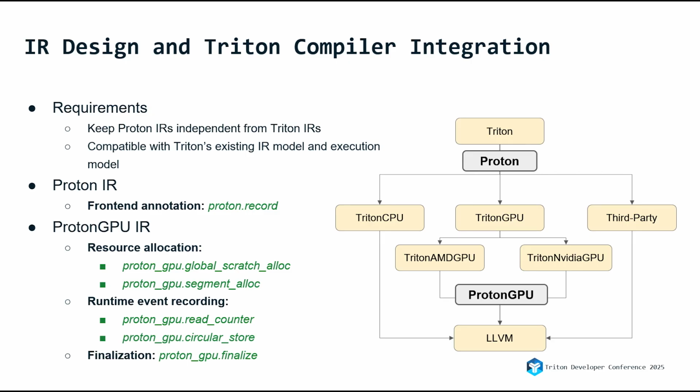The figure shows how it fits into the entire Triton compiler ecosystem. Proton IR is basically the front-end annotation. And the Proton GPU IR can be summarized as three categories: operators like resource allocation, the runtime related, and the finalization.